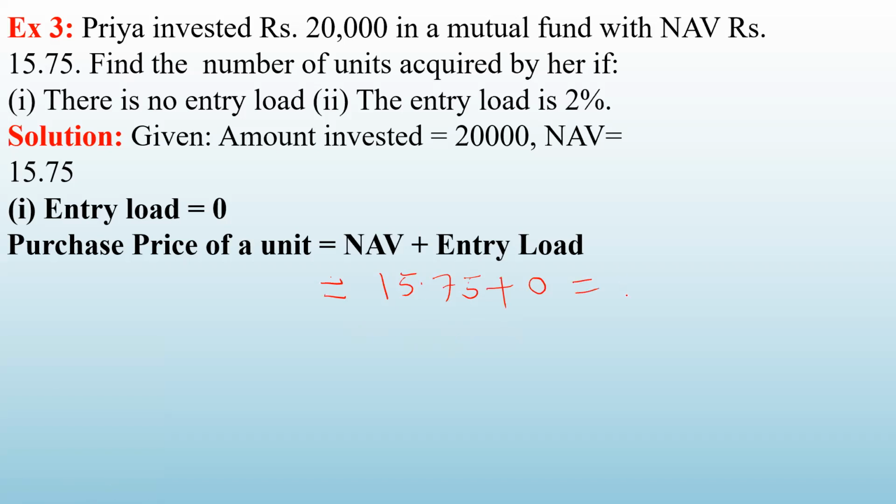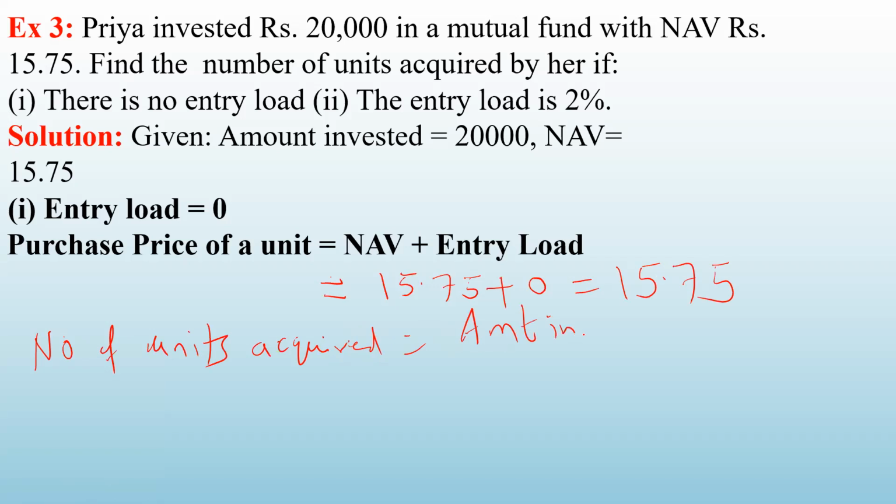Purchase price here is same as NAV because there is no entry load. So how many units she will acquire? Number of units, acquired means purchased, is amount invested divided by purchase price.